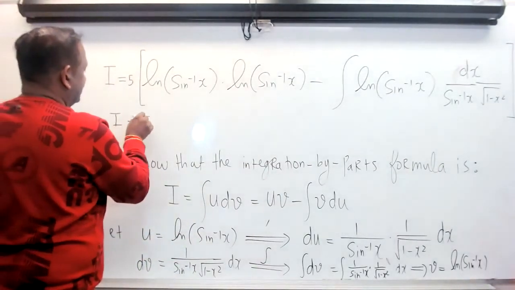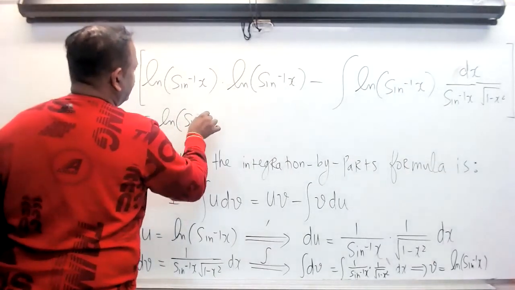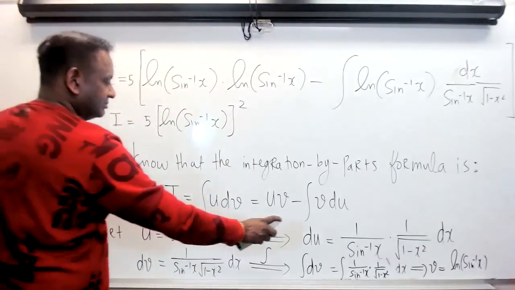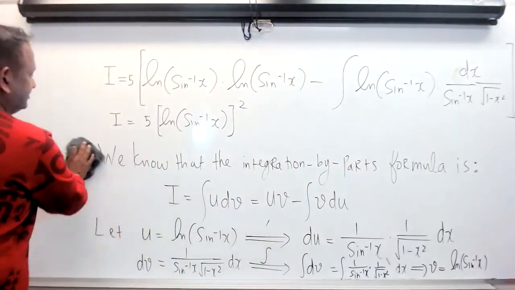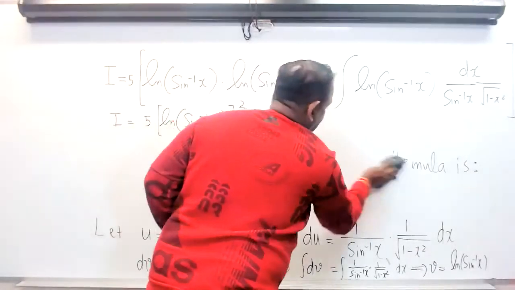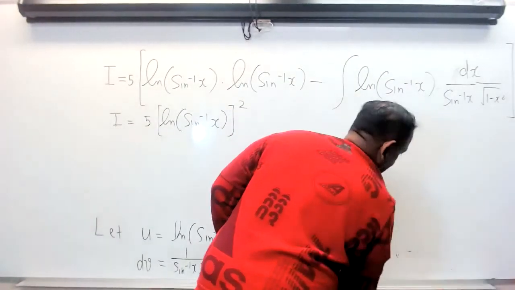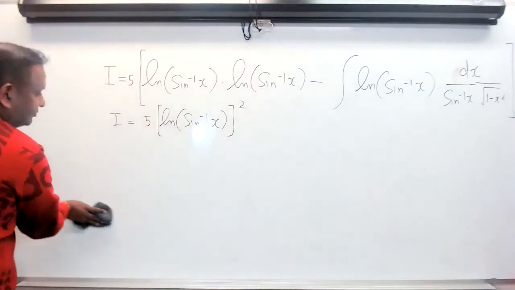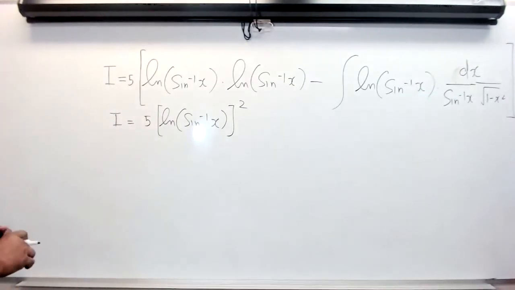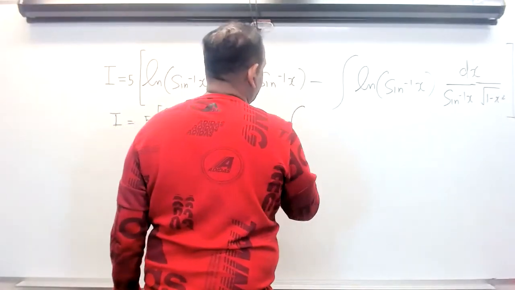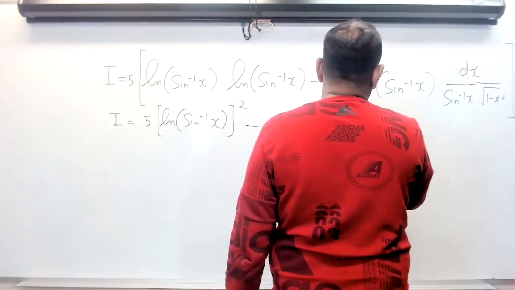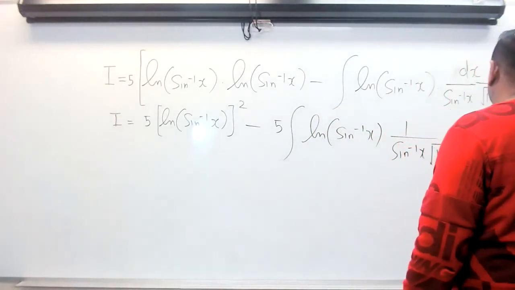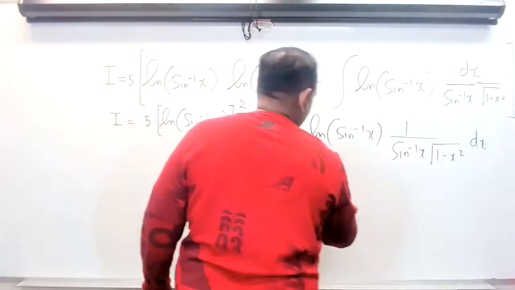I equals the ln sine inverse x, the whole thing squared, minus the integral of ln sine inverse x times 1 over sine inverse x times 1 minus x squared dx. See, this is nothing but I again.